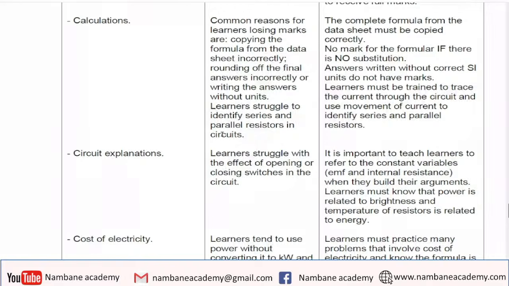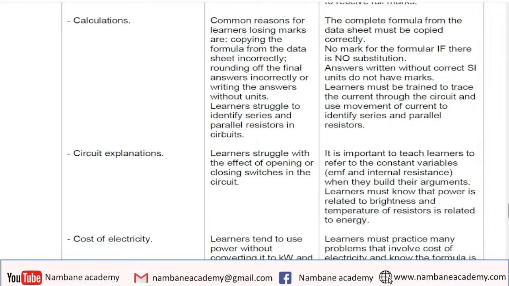But if the current has only one path and all of it will pass through that path, then it means the resistors in that path that is not divided are connected in series. So we need to emphasize this point to our learners because they are doing maths, and in mathematics, they tend to think those that are side by side are parallel.